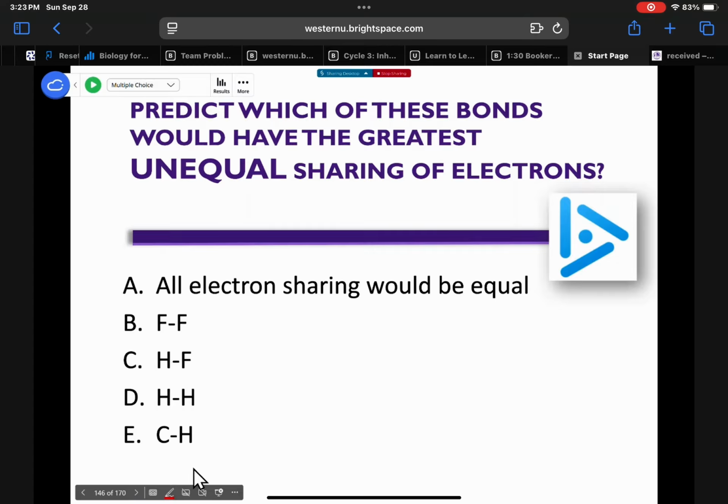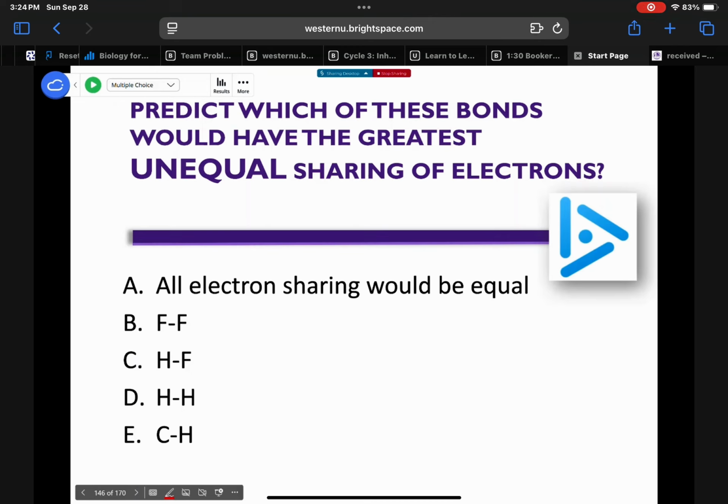It's being combined with an atom that is not very electronegative. Fluorine can definitely pull those electrons. That's in contrast to B, where we have fluorine and fluorine, two very electronegative atoms, but they're both the same amount of electron hog. They're both pulling on those electrons, which means those electrons are going to be shared equally.